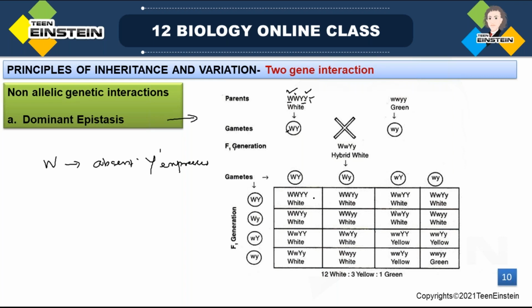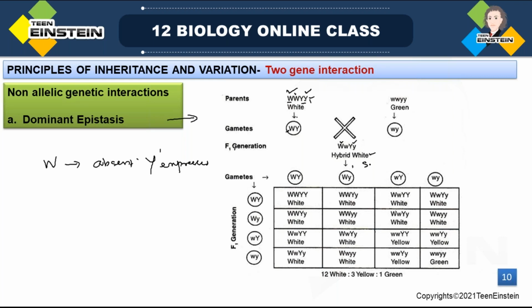In the checkerboard, the white parent has both genes dominant, and the other parent has both recessive, forming green. When crossed, the F1 is a hybrid but still white, because the white color gene masks the yellow color gene. It is the white phenotype, not genotype.